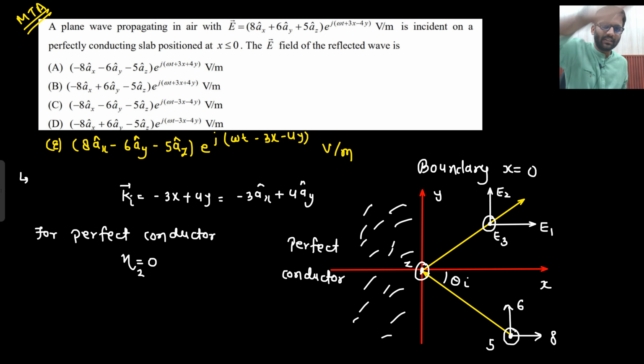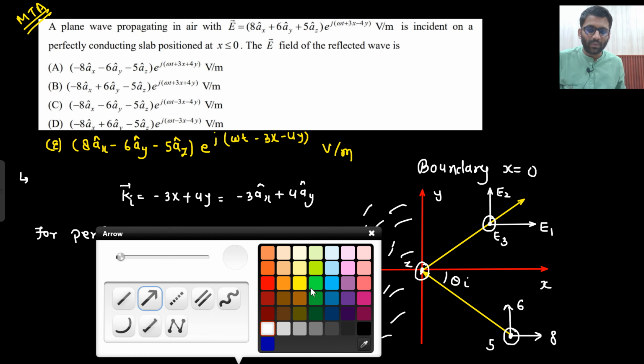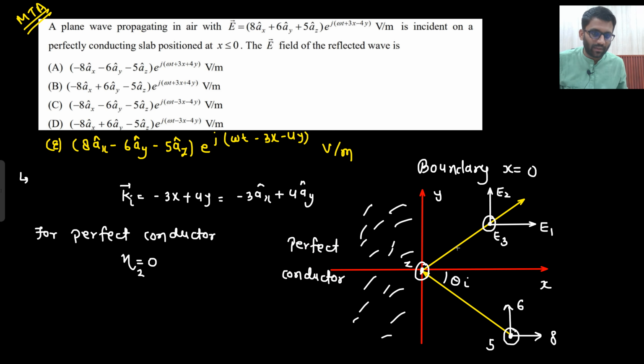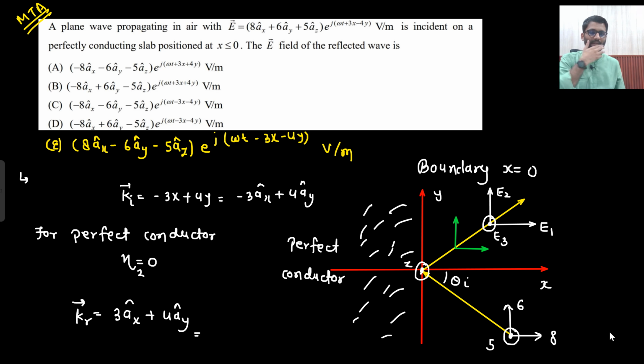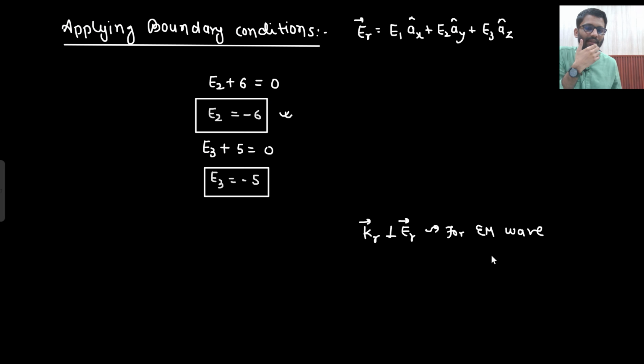But now the wave is reflected like this, so it will have the direction plus x and plus y. So can you write down KR? That would be 3ax plus 4ay. This would be my KR.